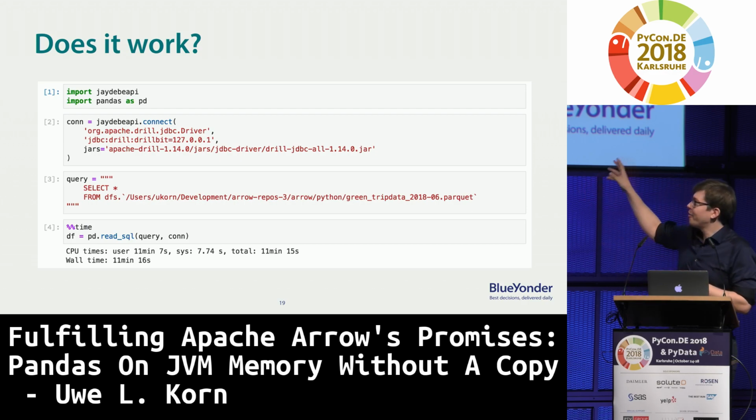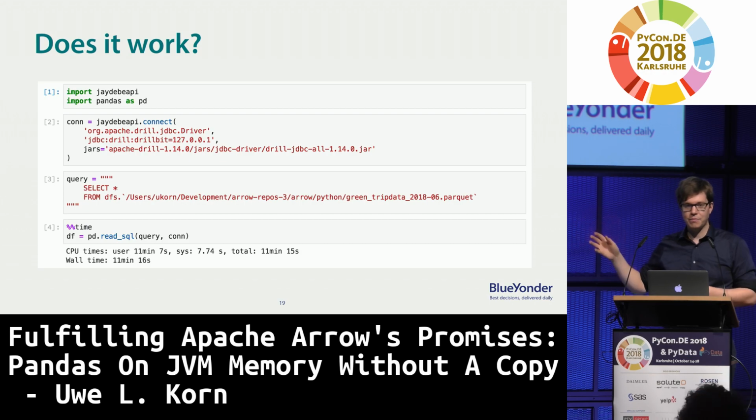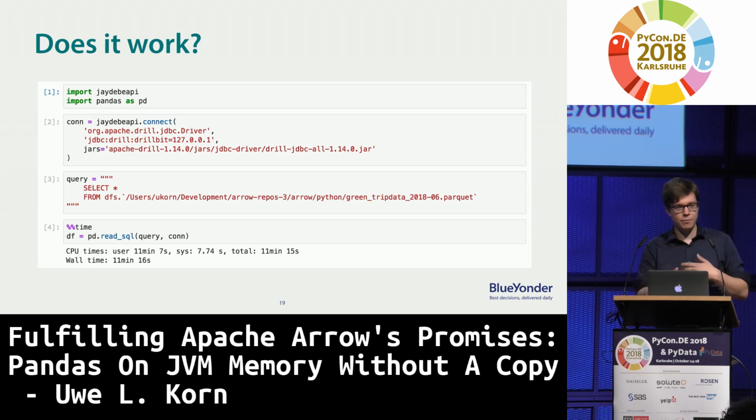It's importing JDBC API, connecting to the database, giving you the driver. In this case, for benchmarking I used Apache Drill, which runs really well in a local mode. And I just use one big Parquet file, to mimic the machine learning experience. I have this one table, which is really big, and I just want to fetch it. And the JDBC API implements DB-API 2, so I can just pass it to pandas read_sql.